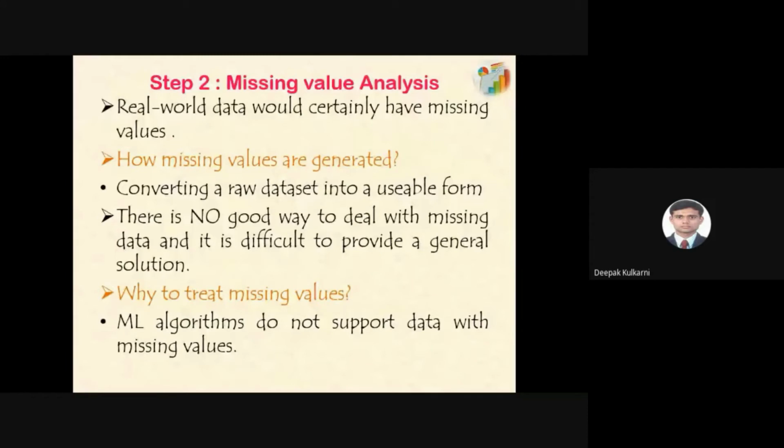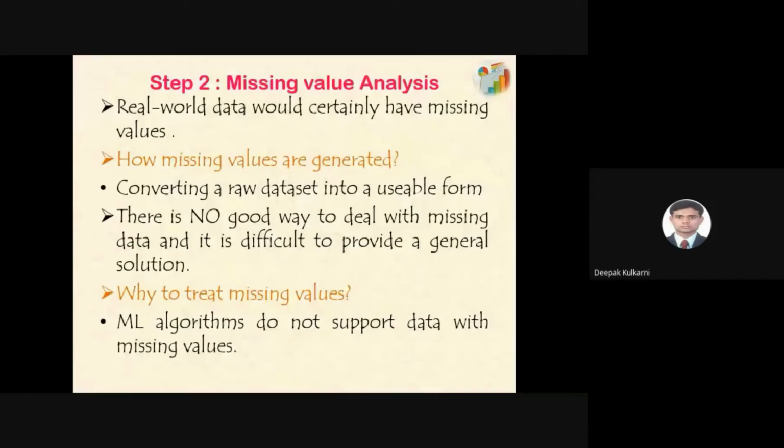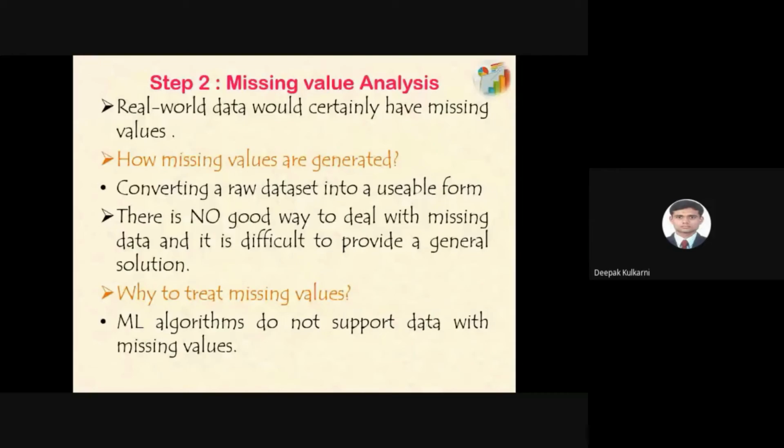So we need to eliminate those missing values. And one thing we need to remember very clearly is that there is no one unique method of dealing with missing values.